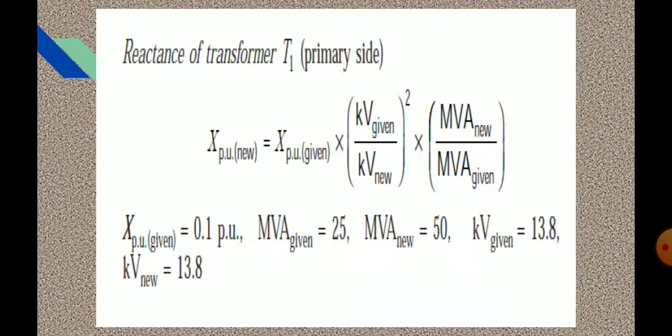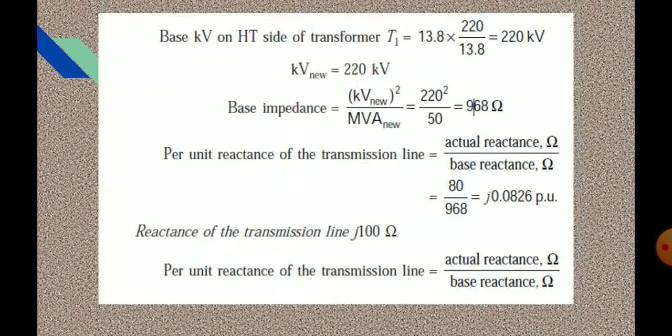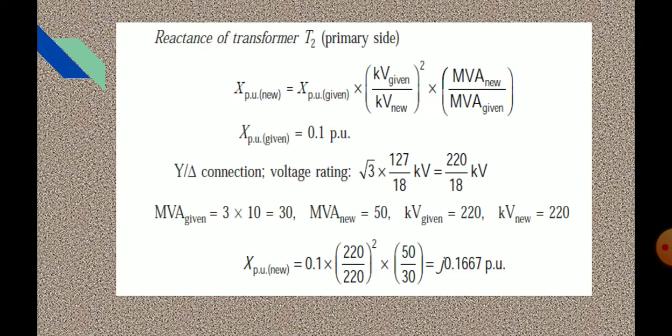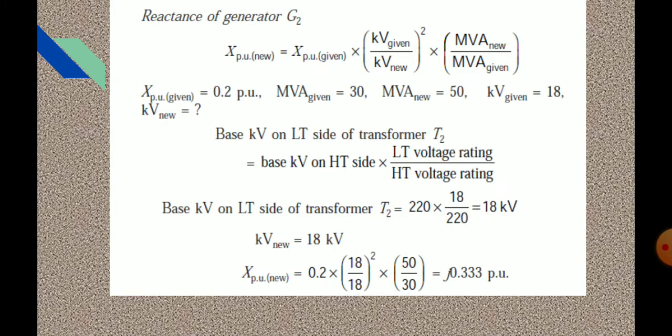For that purpose, while calculating the reactance of transformer 2, we must substitute the values here. Next, for the reactance of generator 2 also we substitute directly in the formula.